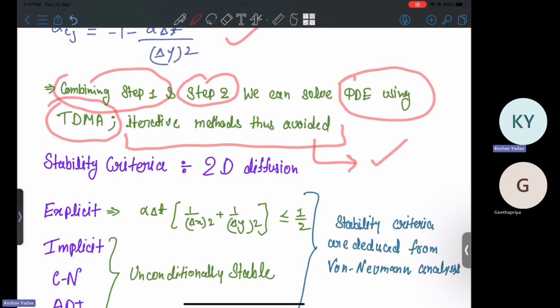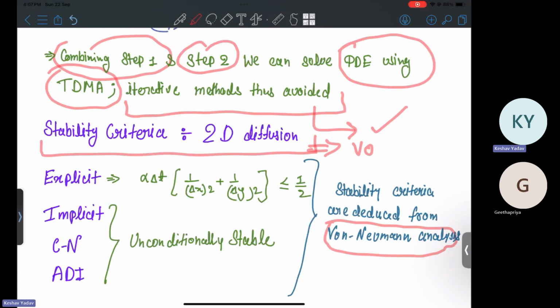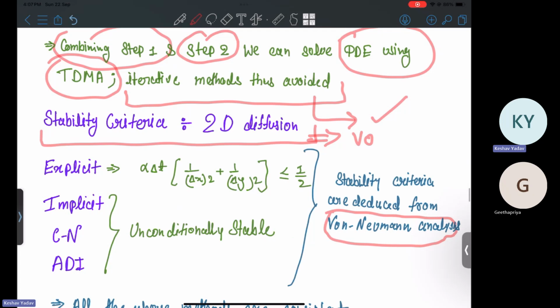Now we will see the stability. This stability analysis can be done using the von Neumann stability analysis, like we did last week. If you do that, you will find that the explicit scheme is conditionally stable.